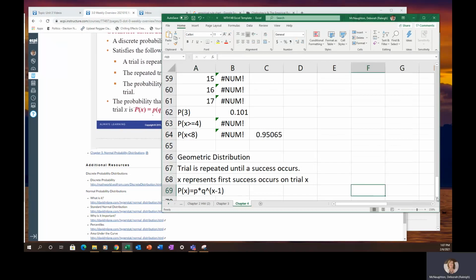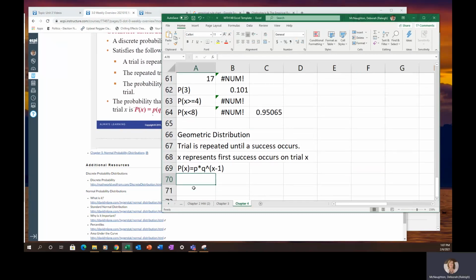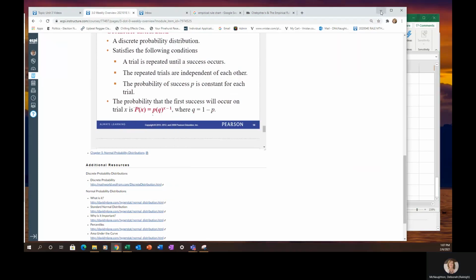So all we're going to put in for these is P. We'll put in a value for P, and then we can calculate our probabilities. So let's look at some problems for this.